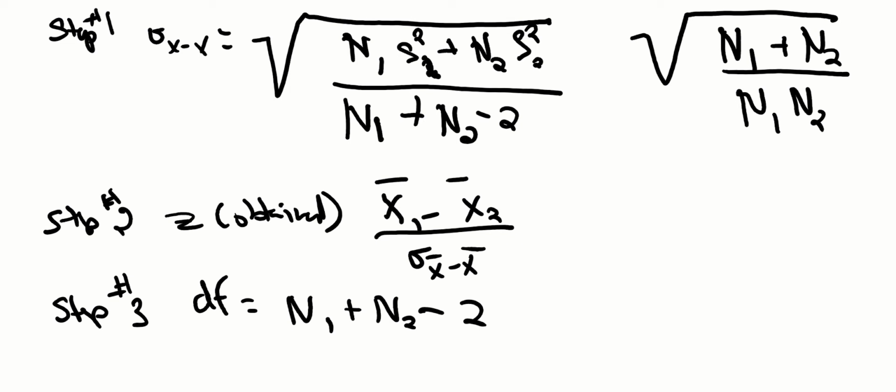Okay, so we're following that five step. This is actually step number three. Step number two would be the level of significance. We're not given one for this example.